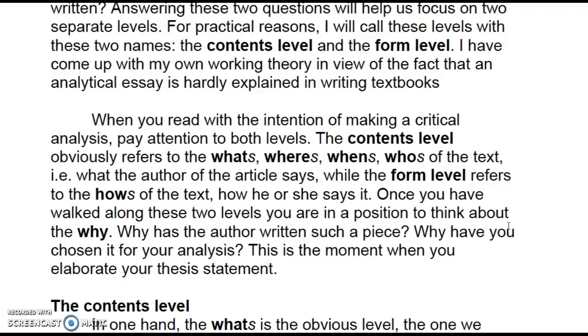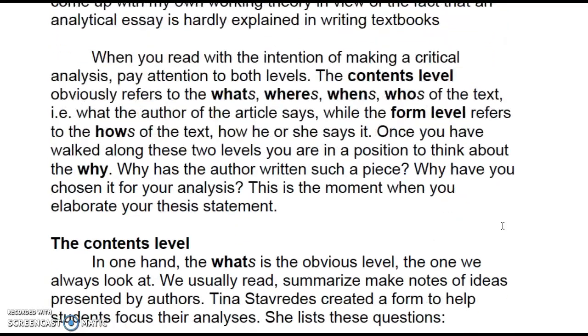For example, if the topic we are dealing with is climate change, the pictures raising awareness, do they have an impact on you? So this type of information is also analyzed when you are analyzing an article, because it's part of what the author uses to convey the message.